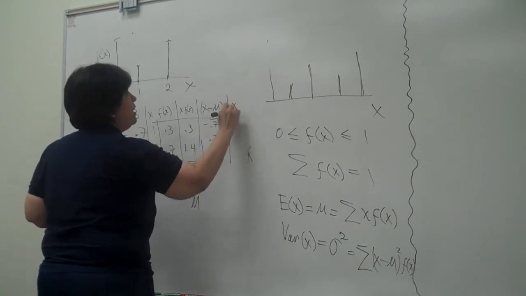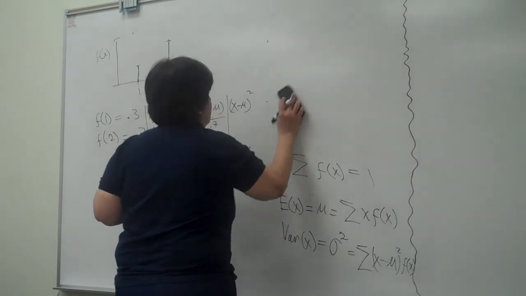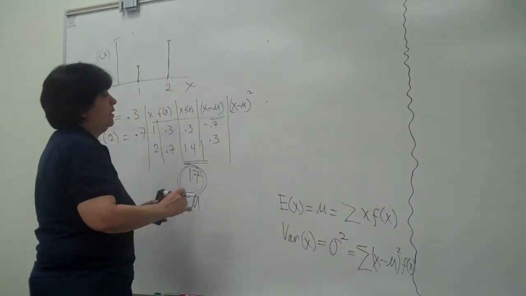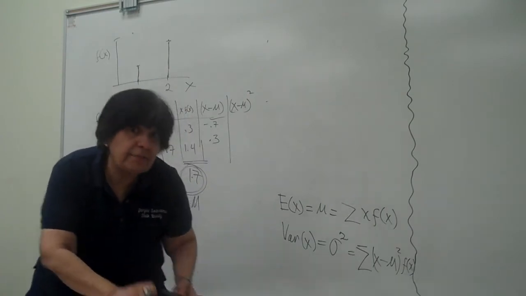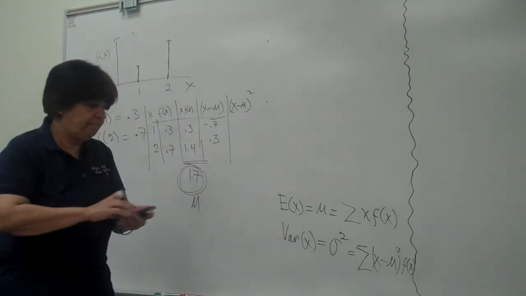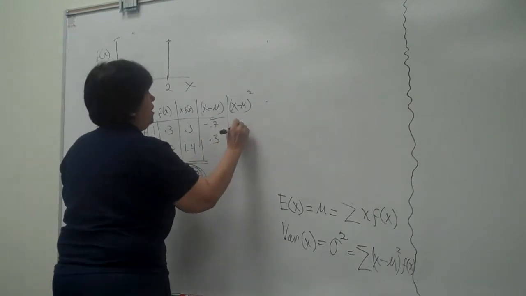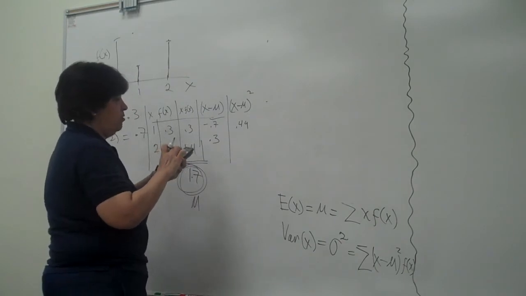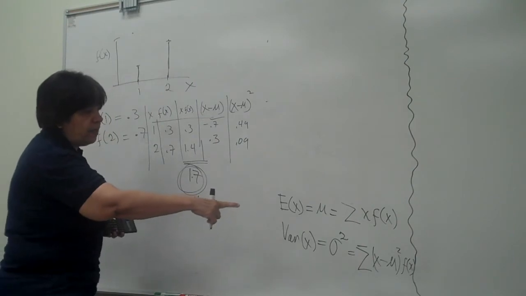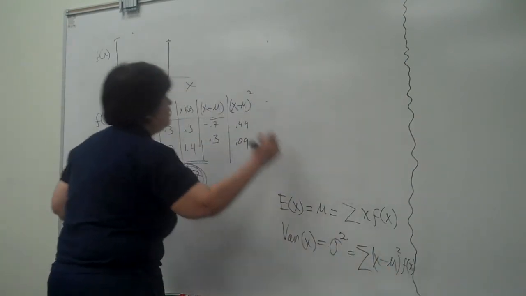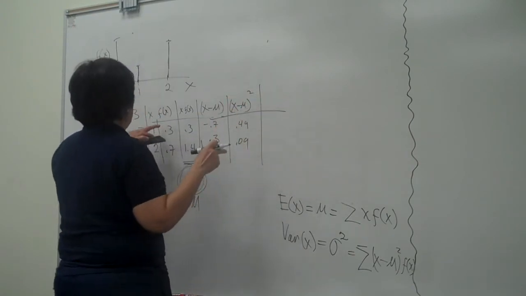Now I need to square it. Why square it? Because I need it positive. 0.7 negative squared is 0.49. 0.3 squared is 0.09. Now I need to multiply by f of x. So this column times f of x.